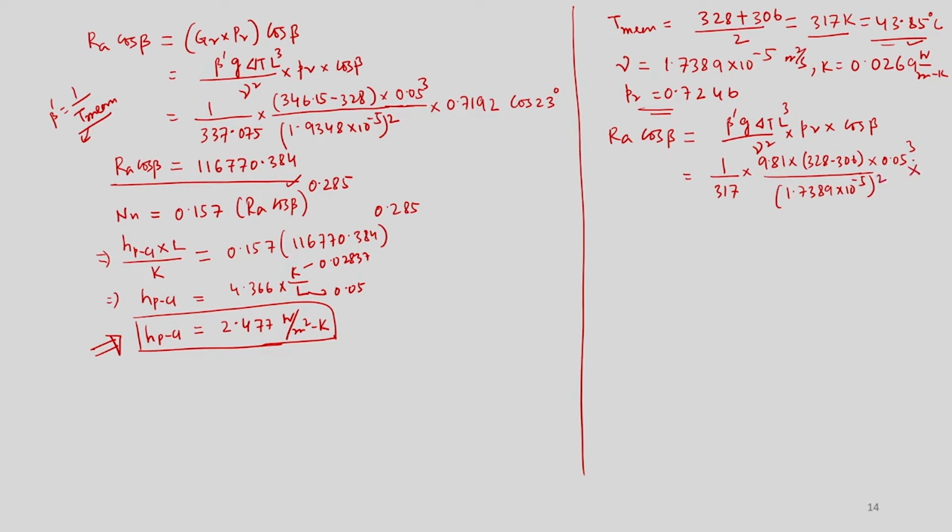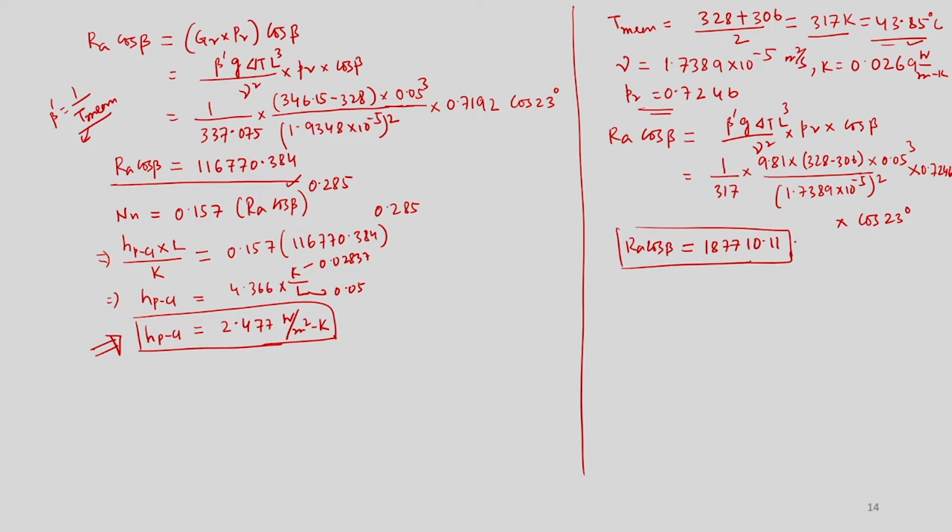What is the value of Prandtl number here? 0.7246, and multiplied by cos of 23. This is found to be 187710.11. This is Ra cos beta. So, this is known now.